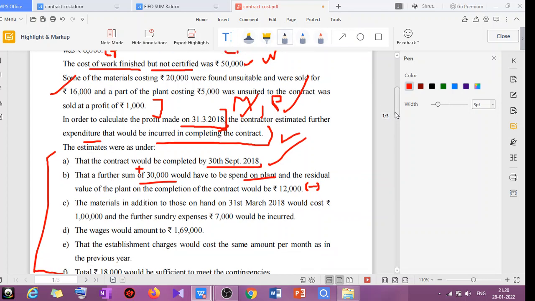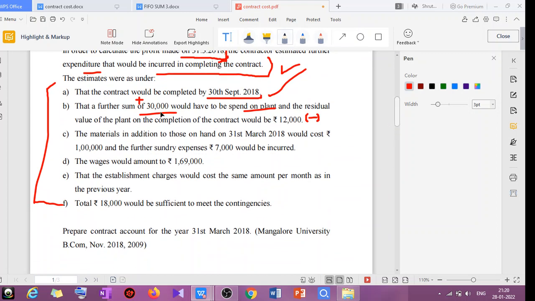So remember that point. So here, the plant that remained at the end of the year, for that add 30,000. This is the calculation part. Then minus the residual value. I hope that is clear to you.